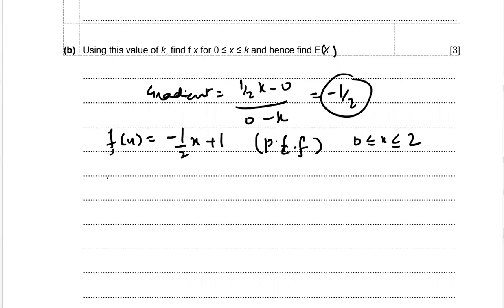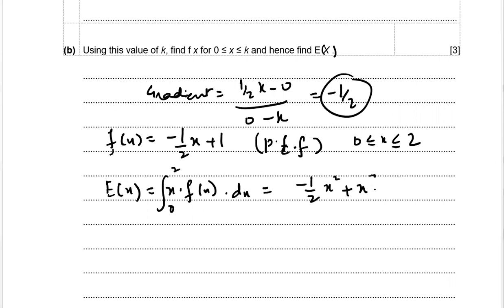Now E of x is simple integration, x into f of x. So it would be the integral of minus half x square plus x, with limits.